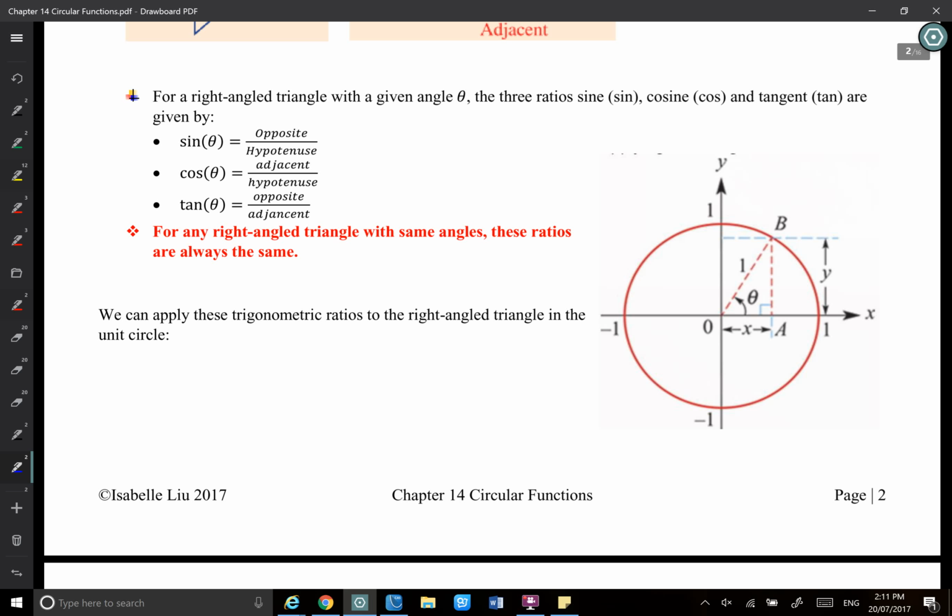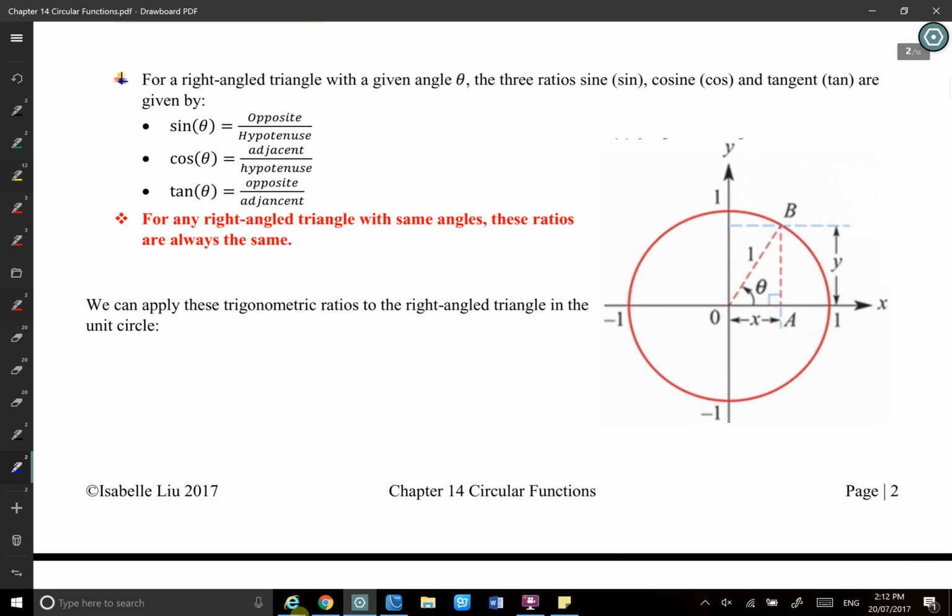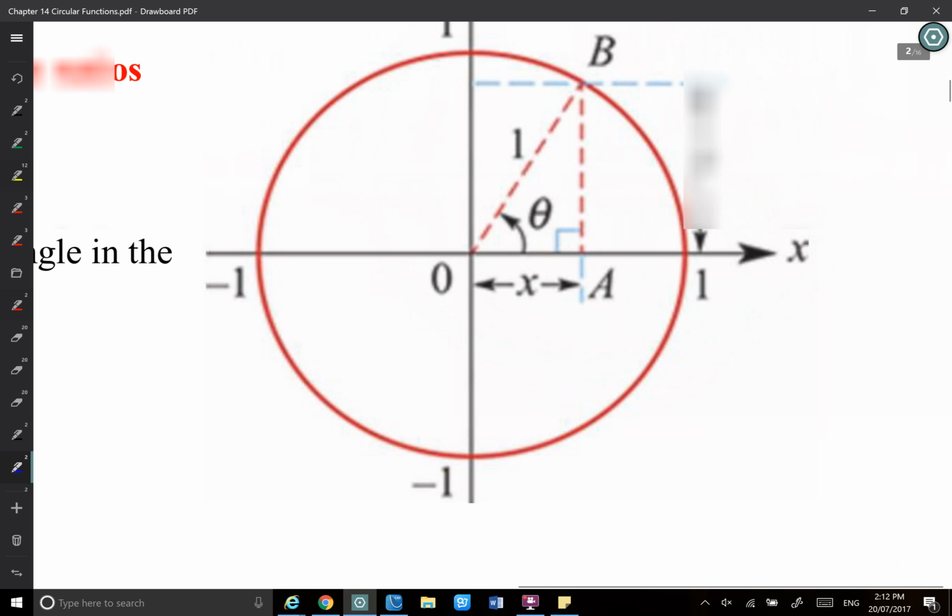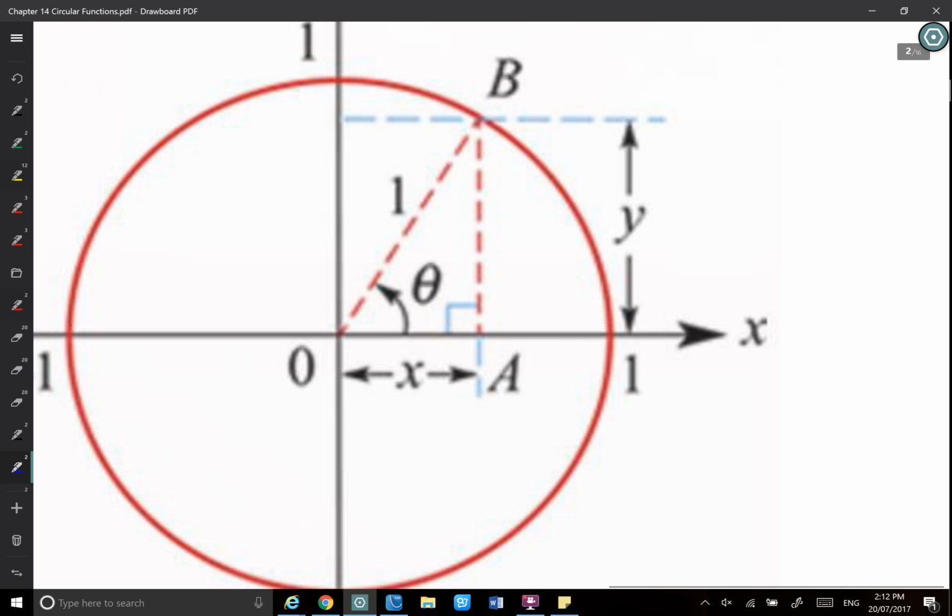So what that means? This is explaining why the x and y coordinates are the cosine value and sine value. So let's have a think of this unit circle. Have this angle theta here. I have OAB.